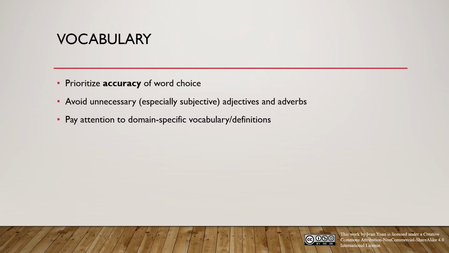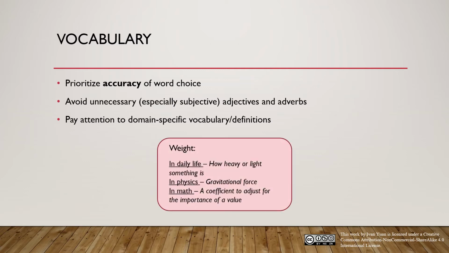And you should pay attention to domain-specific vocabulary and definitions of these fields so that you do not make wrong word choices. And I have an interesting example to illustrate it. For example, the word weight. In daily life, we just use it to talk about how heavy or light something is, basically the same thing as mass.